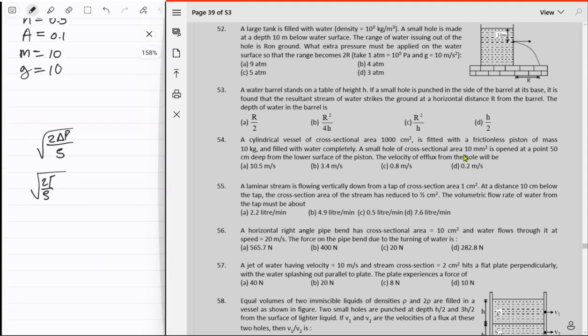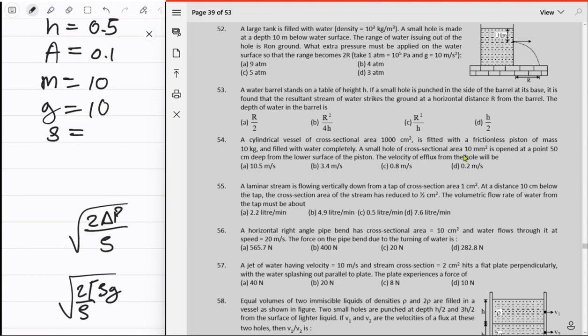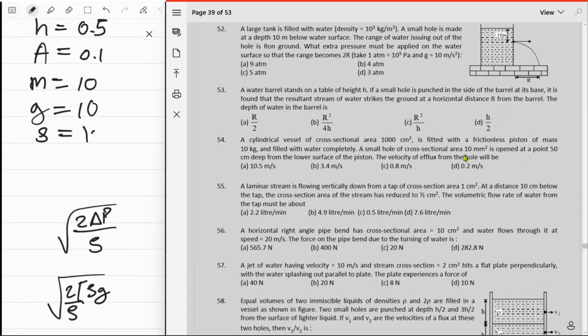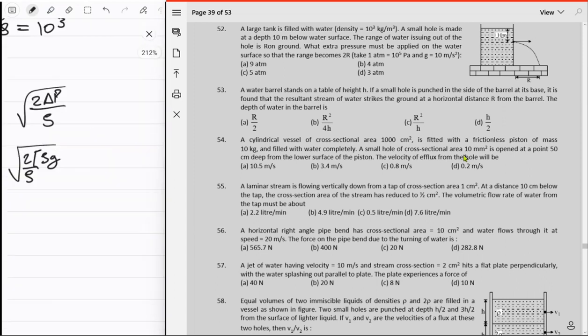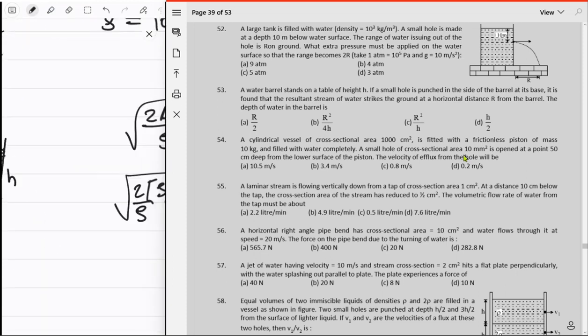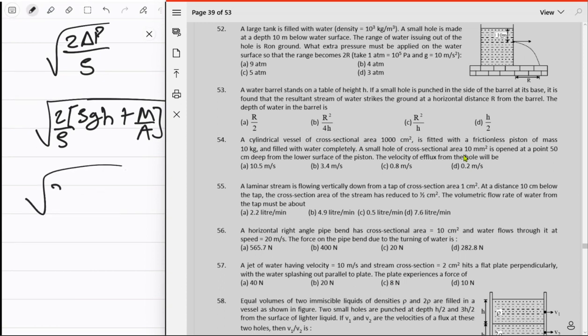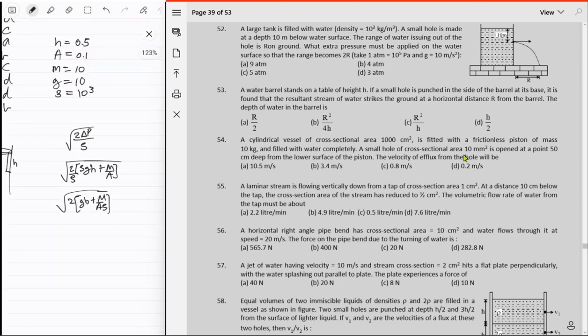So 2, and then you just have rho g H. We also need rho actually. The density of water, since it's filled with water completely, is 10 power 3. So rho g H, that's because of this part, and then you also have the piston itself, so M upon A. So it will be square root of 2 times g H plus M upon A rho. g H is 10 times 0.5, so just 5.